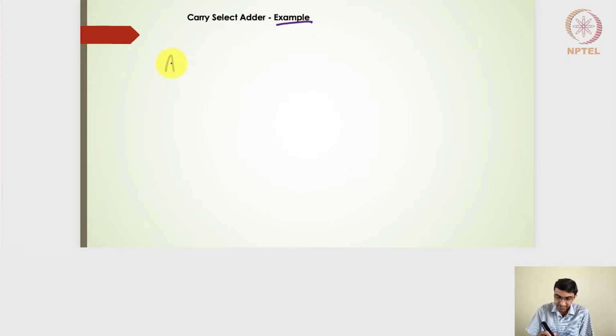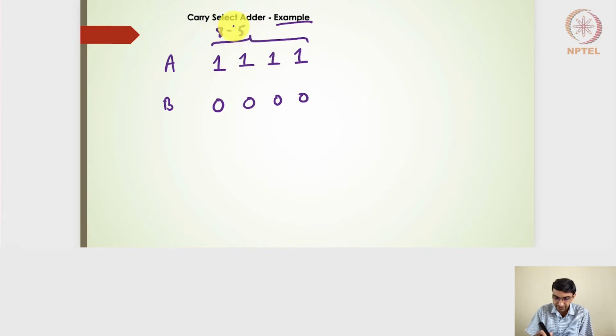So let's say that A has all 4 bits equal to 1. I'm taking a very simple case, and B has all of its bits equal to 0. Let's say this is my 8-bit to 5-bit addition. So what I'm considering is basically an 8-bit addition.